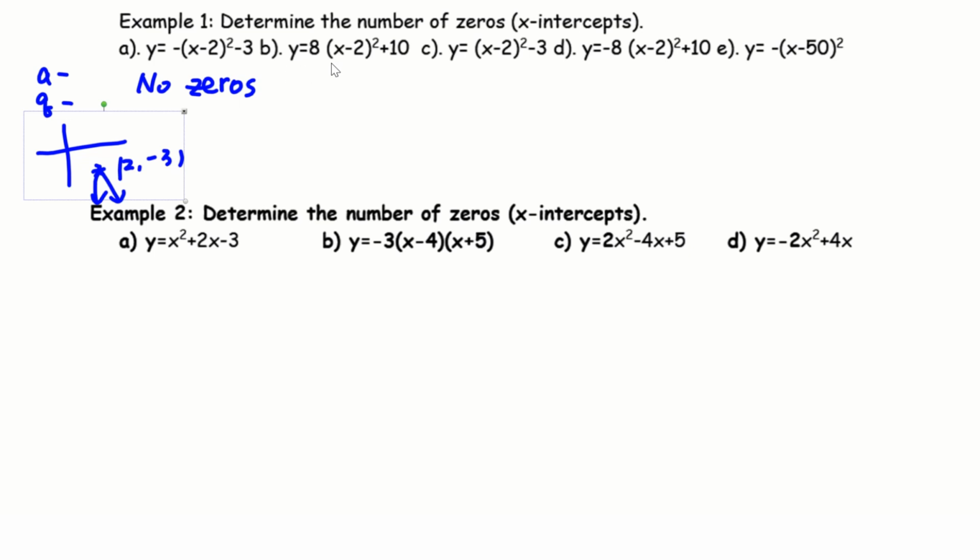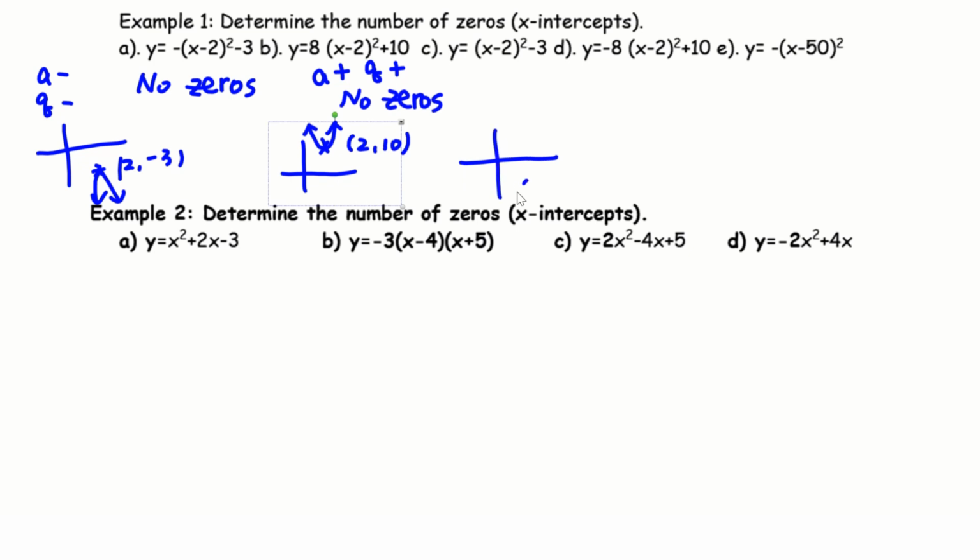And the next one, a is positive, q is positive. It means this is a 2, 10 and opens up. So this one, no zeros again. Same sign, no zeros. This one, 2, negative 3. So you have 2, negative 3 here and it opens up. You have different signs, so 2 zeros.